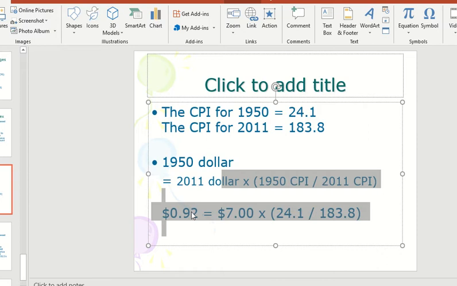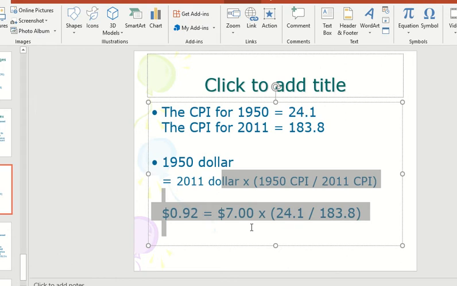To put it another way, a person in 1950 who had 92 cents had exactly the same purchasing power as a person who had $7 in 2011. Okay, so let's blow up the number a little bit so that we may see the connection better. So let's say you make $7,000 a month in 2011, okay? And your grandparent earned $920 a month in 1950.